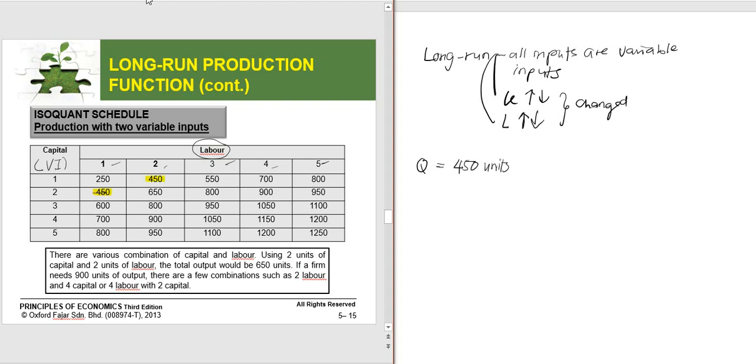So you have two combinations of capital and labor that you can use to produce 450 units.